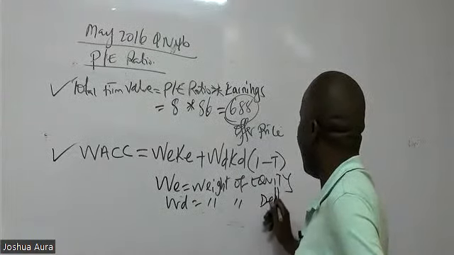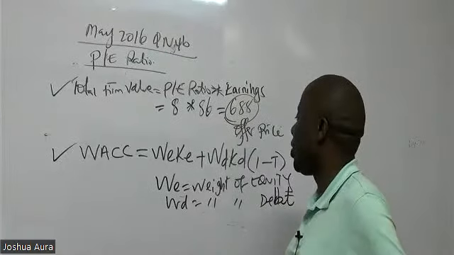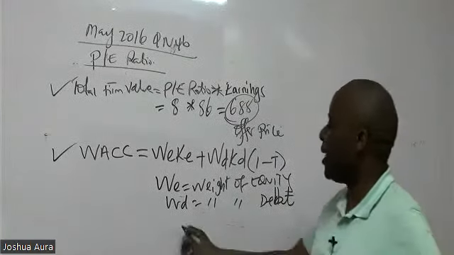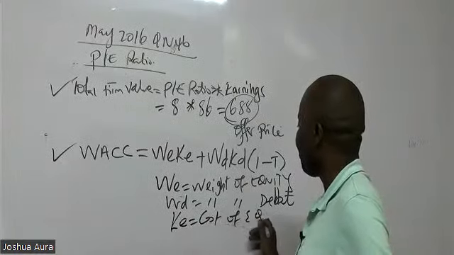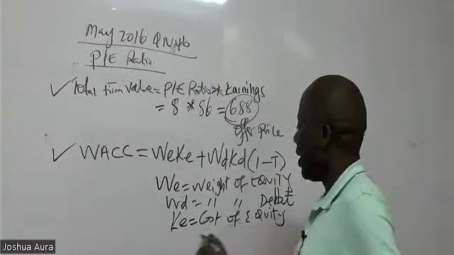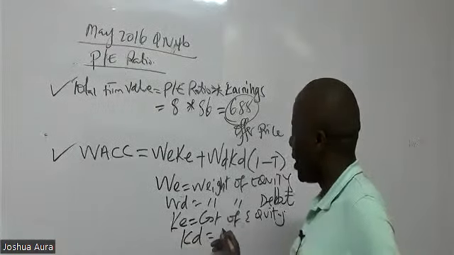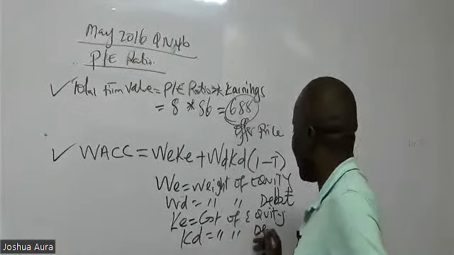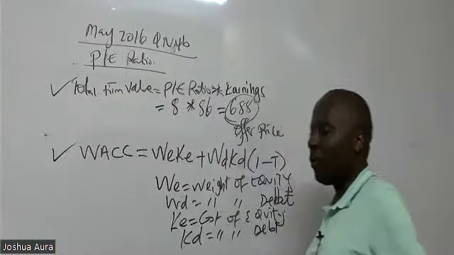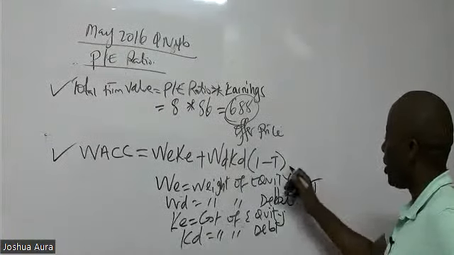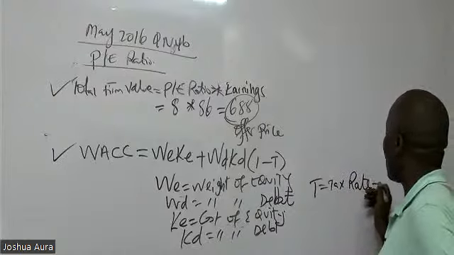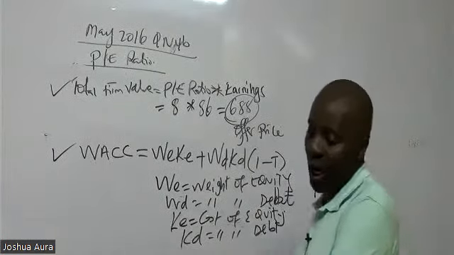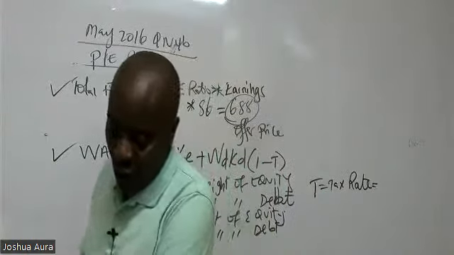KE is the cost of equity. KD is the cost of debt. And lastly, T is the tax rate.